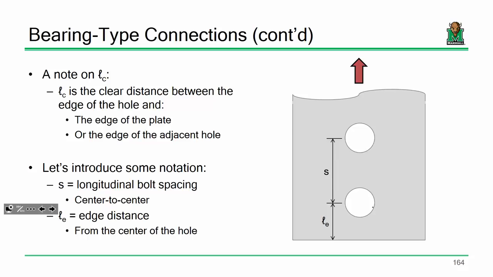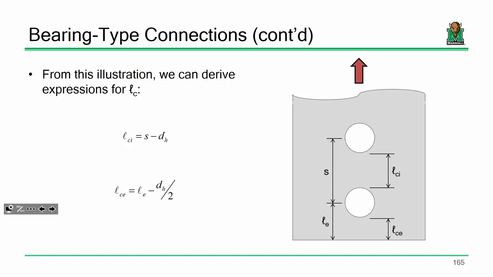So this is our center-to-center bolt spacing, and this right here is the edge distance, how far the center of that bolt is from the edge. Those are the dimensions that I would need if I was going to start drilling that plate, right? I'd measure that out, and then that's where I would drill. Sound good? Okay.